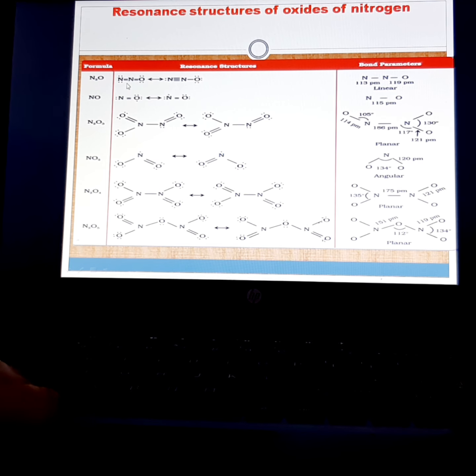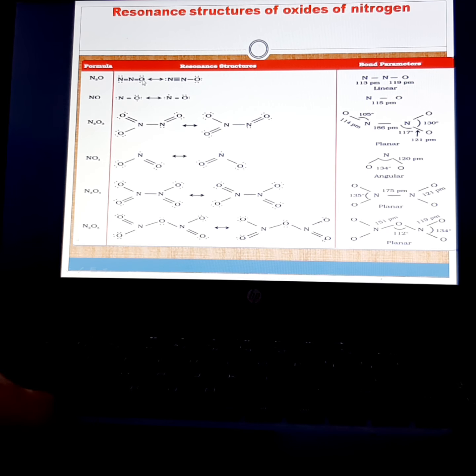Then here the double bond will be converted to a triple bond, because these electrons are shifted to here. Then to balance the valency, this bond will be shifted to this oxygen. So here the double bond will be converted to a single bond and that bonded electron is here.